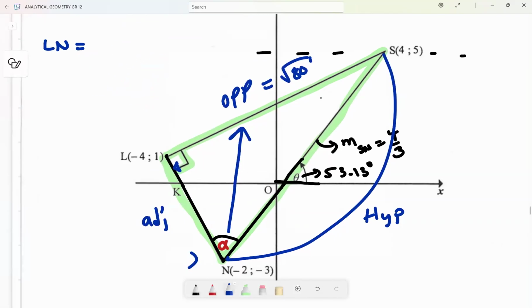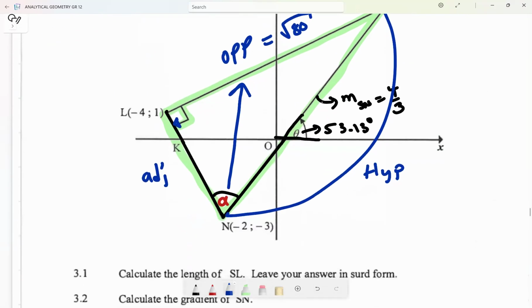Length of Ln, when I do that, do I find the length of Ln to be something like 2 square root of 5? I think it is easy for everyone to find the length of Ln, guys. 1 minus 3, it is 4 squared, plus -4 minus this, it is plus 2, so it's going to be 2 squared.